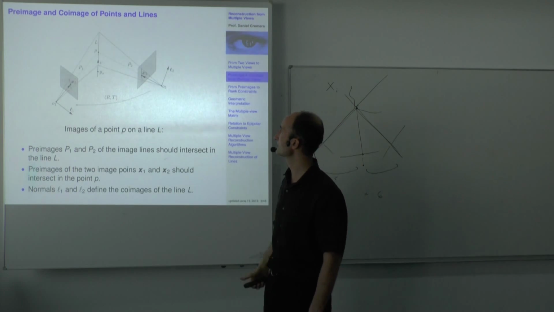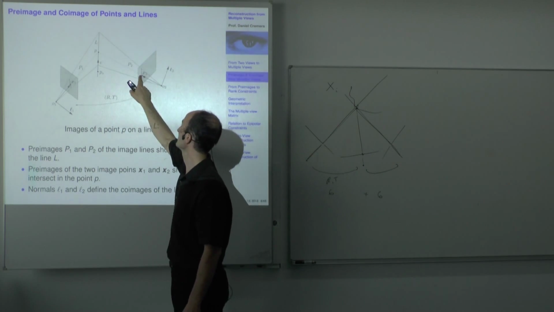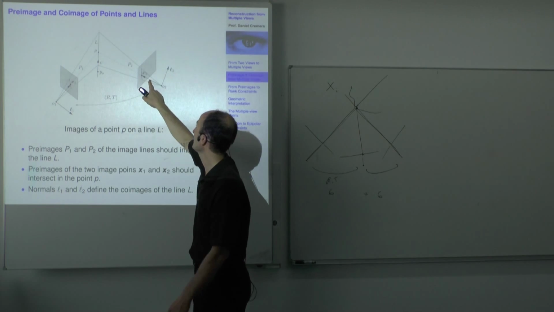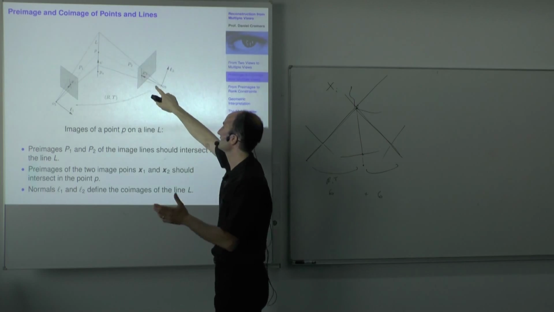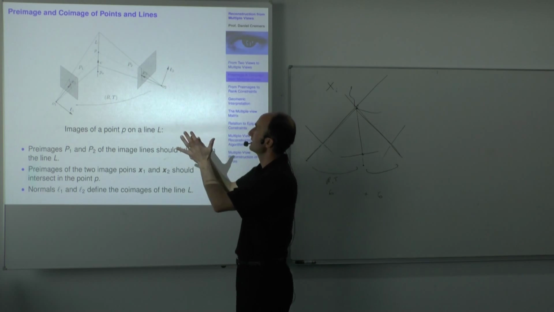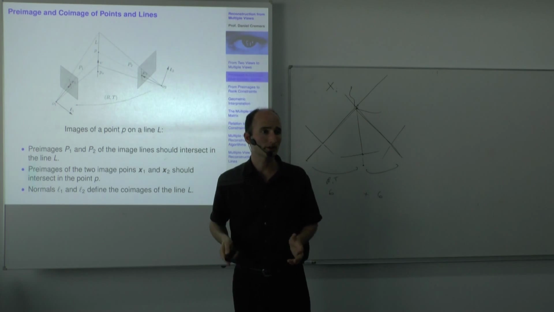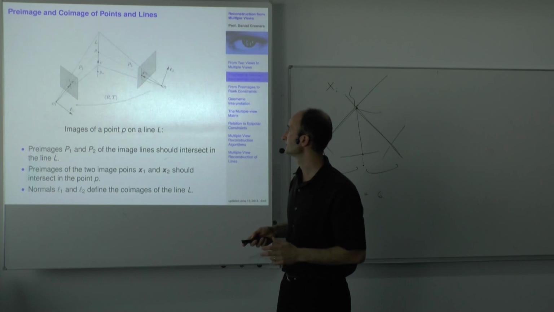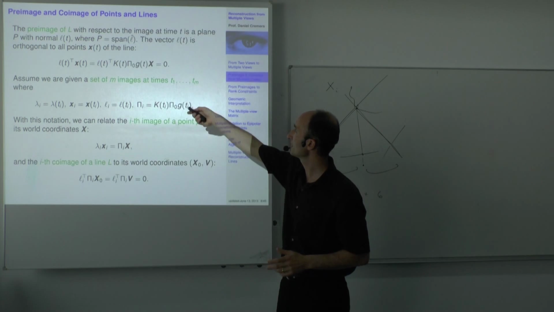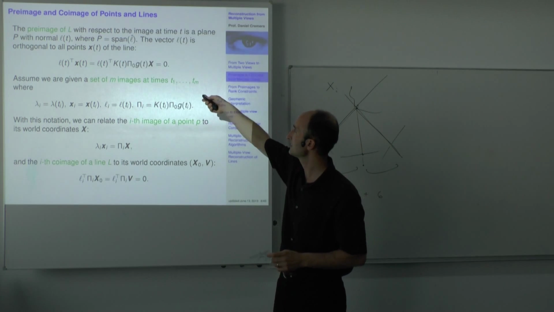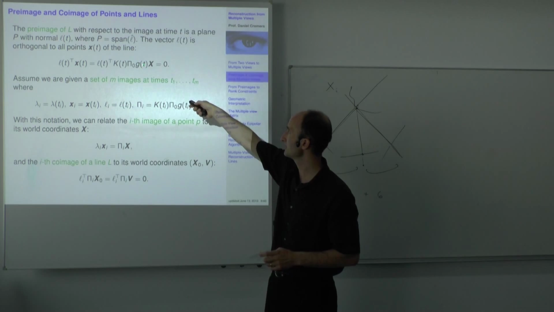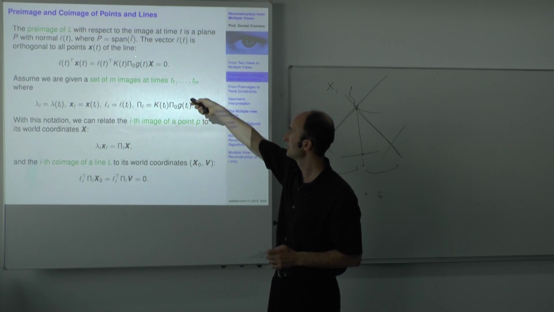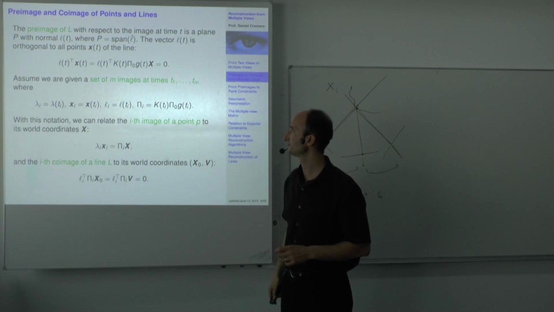So if we go back to the drawing, here are the points x of t on the line, and as you can see, that normal vector, no matter what x of t I take, what point on the line I consider, the normal is always orthogonal. Meaning the scalar product of L with x of t is 0, and that means L transpose times K pi 0 g of t times X is 0.